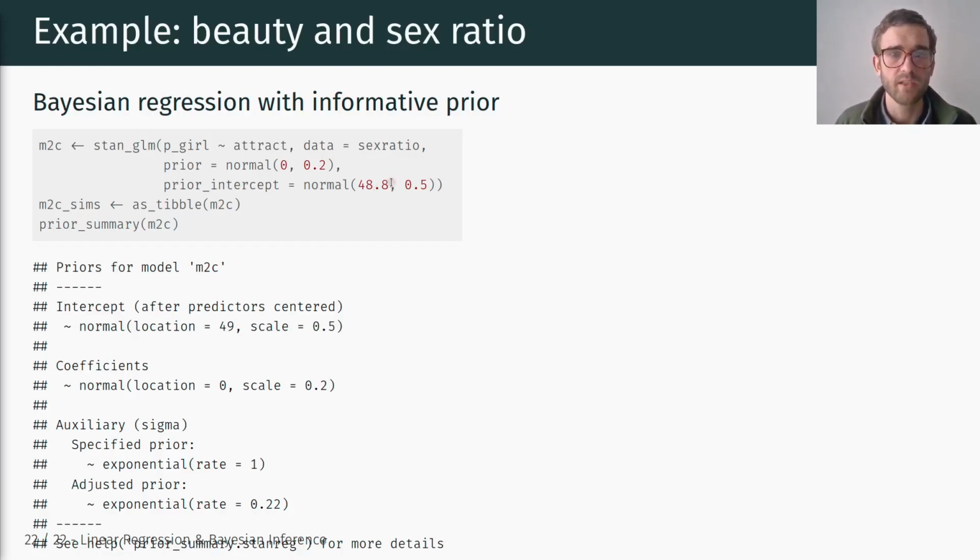So that's why we can first, for the intercept, specify the prior distribution as 48.8 with a standard deviation of 0.5.